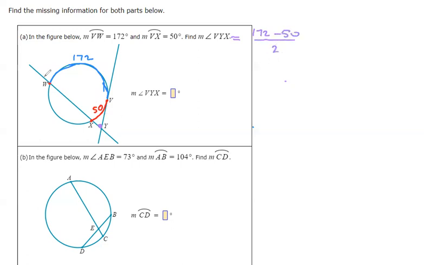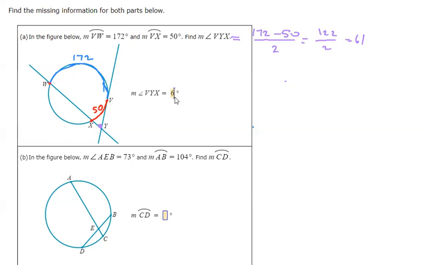Again, if two secant lines intersect outside, the angle between them is half of the difference between the two arcs of the intersection with those two secant lines. So 172 minus 50 is 122, and divided by 2 is 61. And that is my answer for this part.